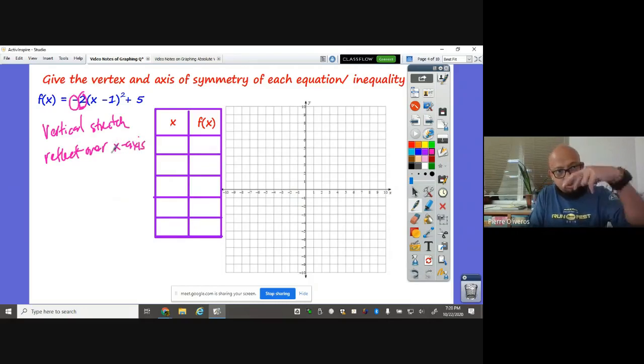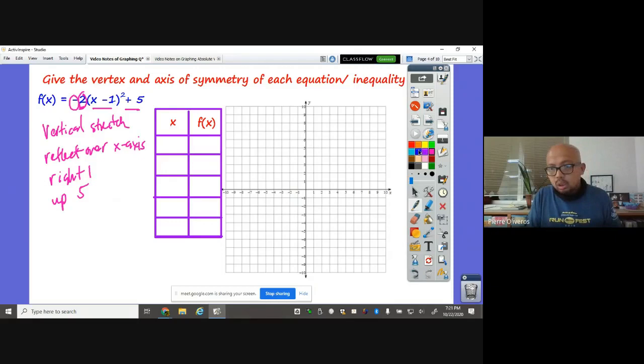It opens downward. The minus 1 tells us that you're going to go right 1. The plus 5 here tells you it's going to go up 5. So we're going to go right 1, up 5. 1, 2, 3, 4, 5. Okay, that's our vertex. So the vertex here is 1 comma 5.